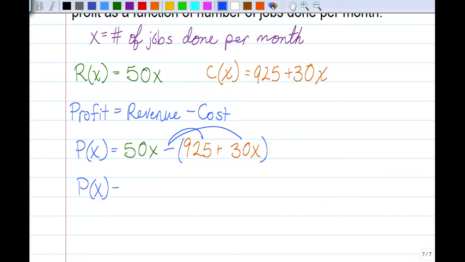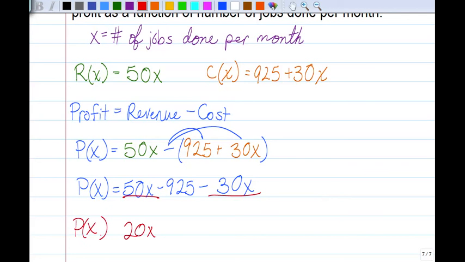So that gives me P of X equals 50x minus 925 minus 30x. And then we're just going to combine like terms. 50x minus 30x is 20x. So P of X equals 20x minus 925.